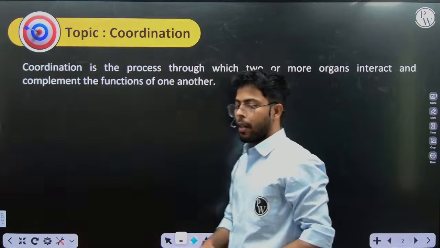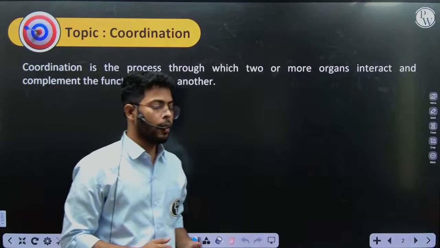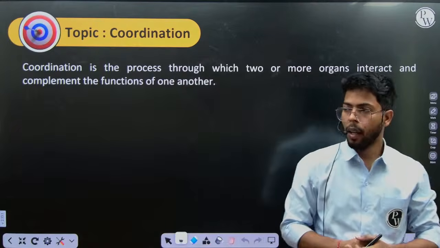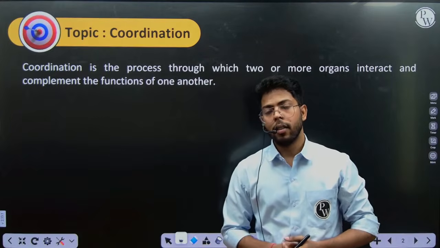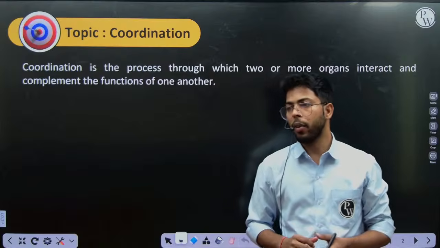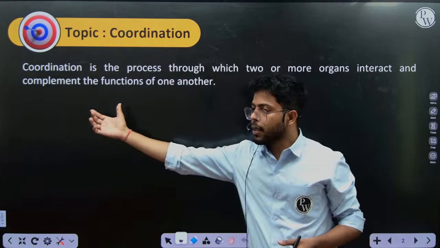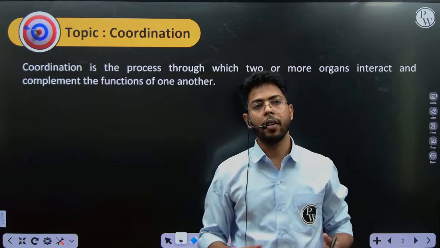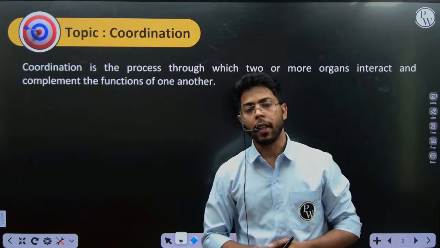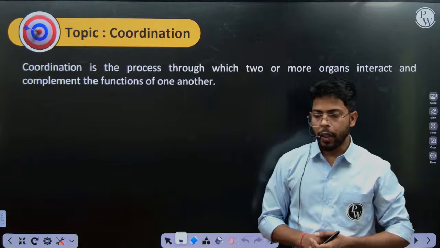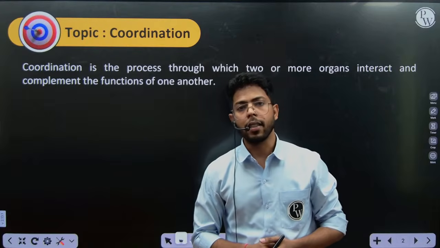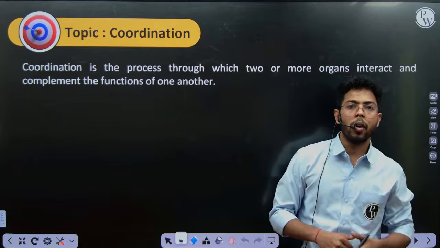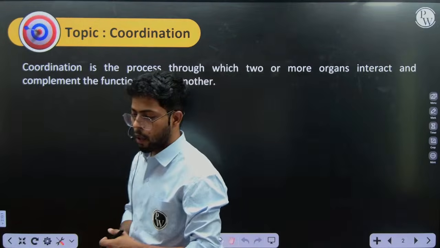So the term coordination is very important for organs or any tissue, and it is responsible for day-to-day activities also. For example, if you are doing vigorous or some physical exercise, there is a change in your internal body or homeostasis.